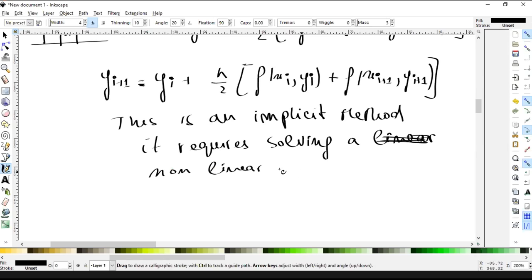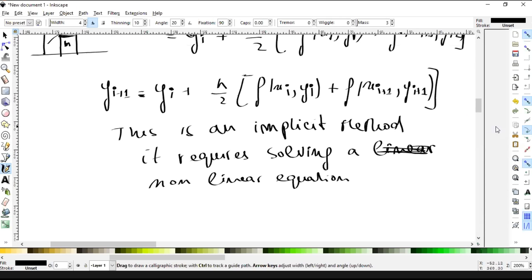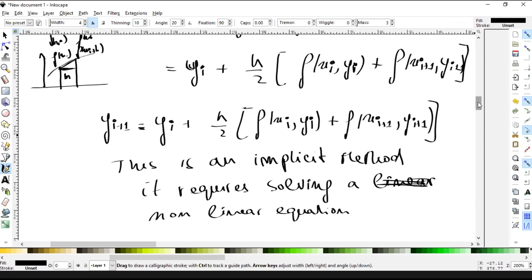You need to solve a problem of the type, I will not say f of x equals 0, I say g of x equals 0, or capital F of x equals 0. So you need to determine the point yi plus 1 satisfying this equation.